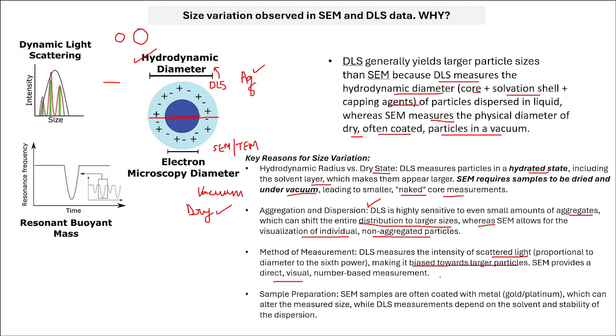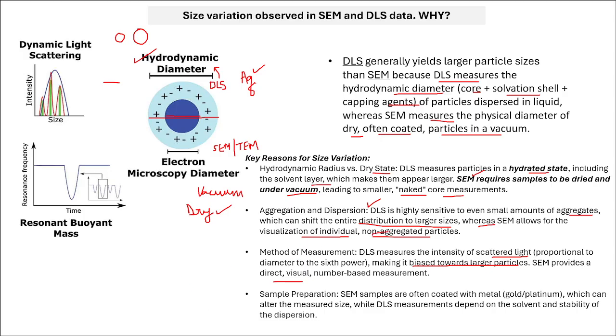But if you want to visualize your particles clearly, then scanning electron microscopy is good. As I have discussed earlier, all of these techniques have their share of pros and cons, so you have to validate your nanoparticles through all these techniques in order to come to a conclusive statement for your nanoparticles.